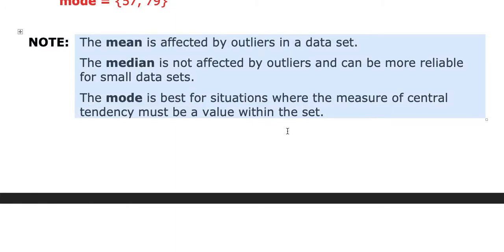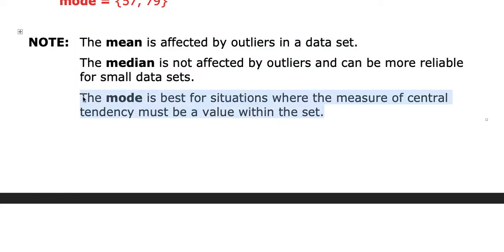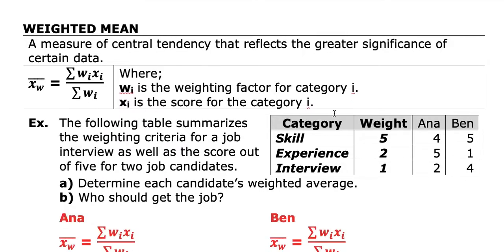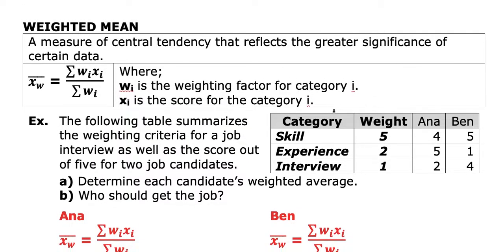So if we're talking about, say, for example, shoe sizes that are sold in a store, if the mean tells us that shoe size 10.739 is the middle number, that's not going to be helpful to us in any functional sense. We're going to need the most frequently occurring if we wanted to maybe supply the right number of shoes in the store, or the right size of shoes with the right frequency.